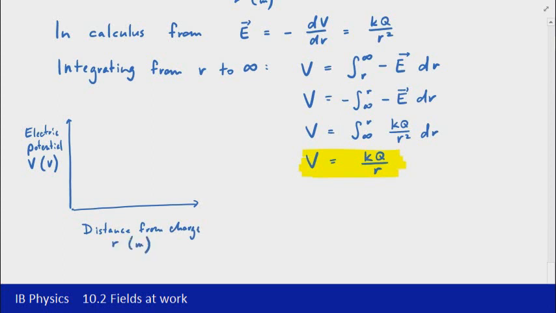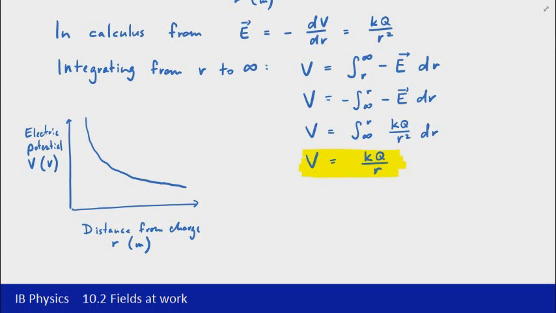And notice now the relationship is an inverse proportion, so V is inversely proportional to r. So the shape of that graph will look somewhat similar to the electric field strength, except it's not quite as sharp a turn in the curve. It's a little bit flatter, but we ultimately end up with that graph.